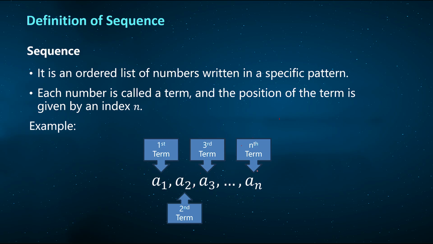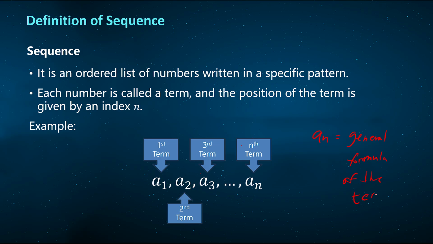So usually the nth term corresponds to the general formula of our term. So a sub n represents the general formula or equation of the sequence or term.